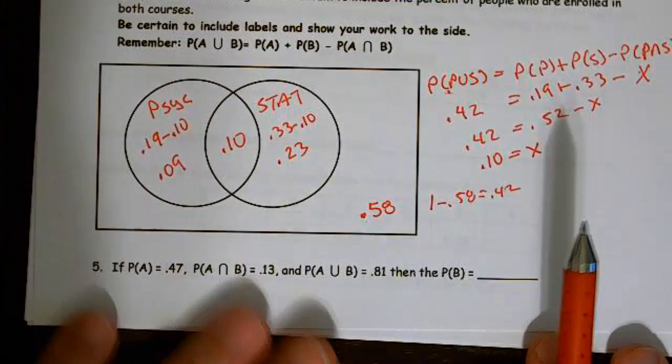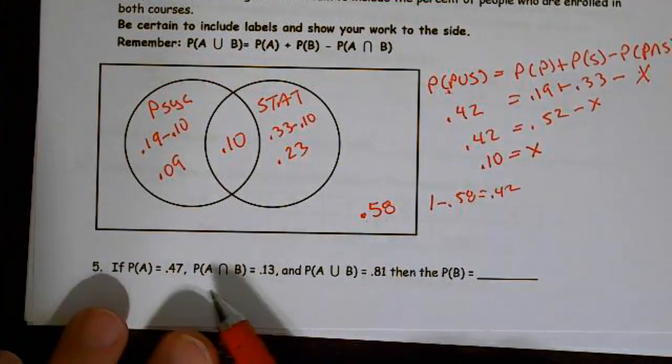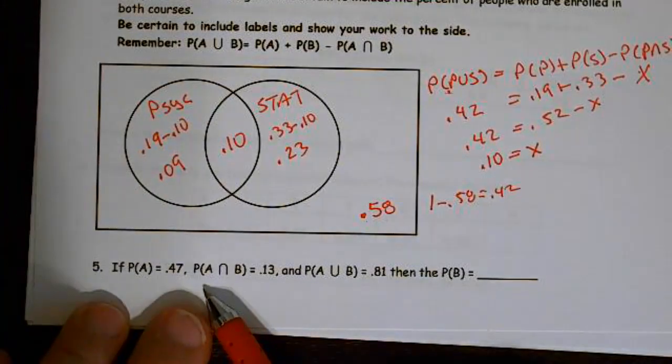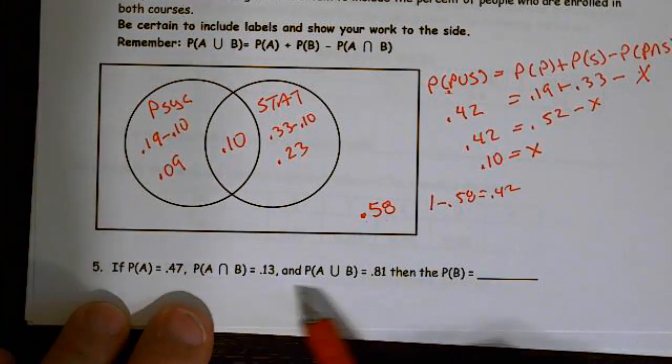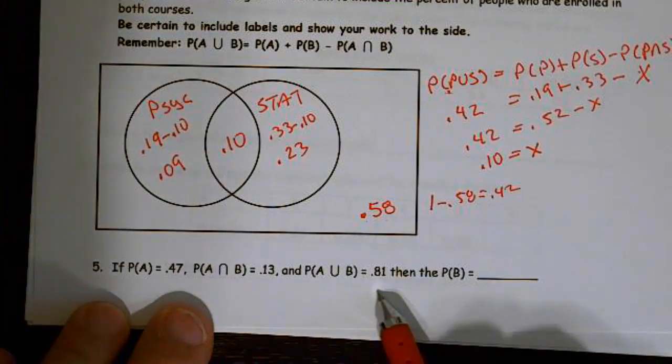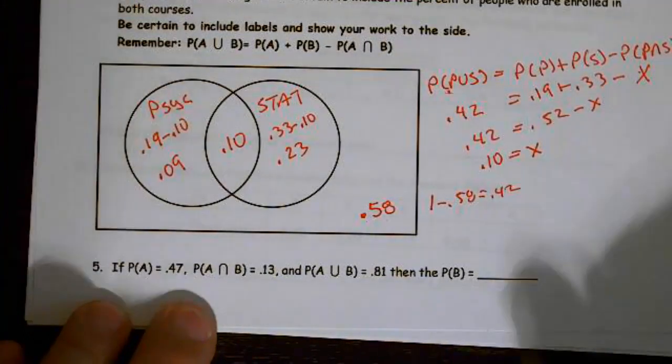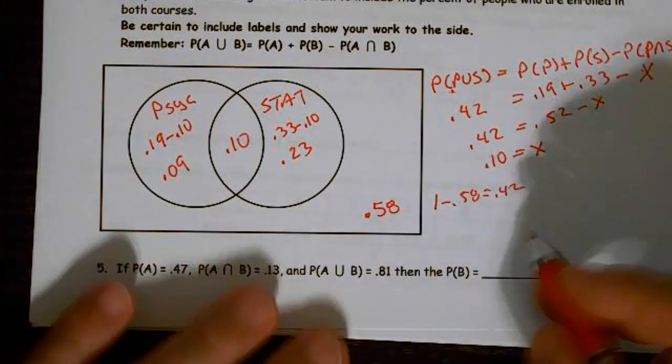All right, that's a bit tricky of a problem. If the probability of A equals 0.47 and the probability of the intersection equals 0.13 and the probability of A union B is 0.81, then what's the probability of B? Well, once again, they want us to use the general addition rule.